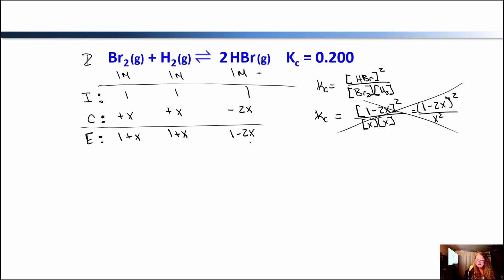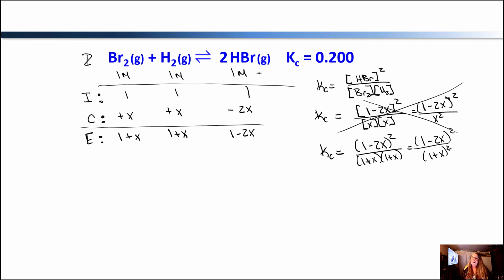That's what happens when you skip steps. So Kc then is, that still holds, 1 minus 2x squared divided by 1 plus x times 1 plus x, otherwise known as 1 minus 2x squared divided by 1 plus x squared.